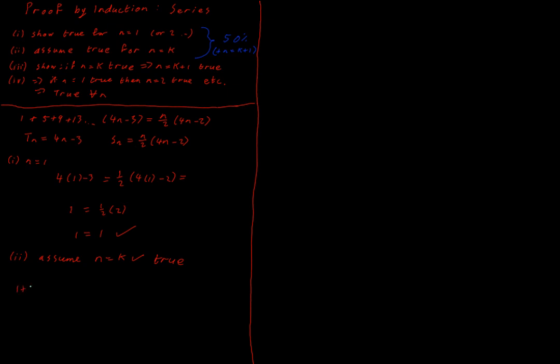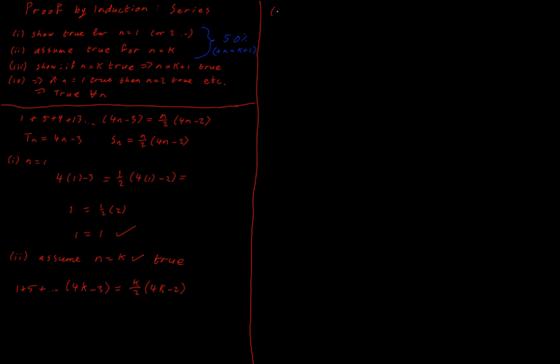It would mean if we started off with 1 plus 5 plus up to our final term, in this case we're subbing in k for n, k all over 2, 4k minus 2. I'm assuming that that relationship is true. So for a particular value of n, which we're calling k, we're assuming that the relationship does hold. We haven't proved it, we're just assuming it.